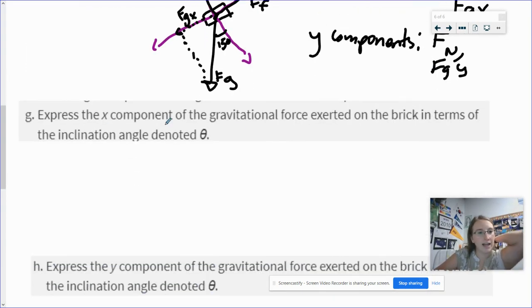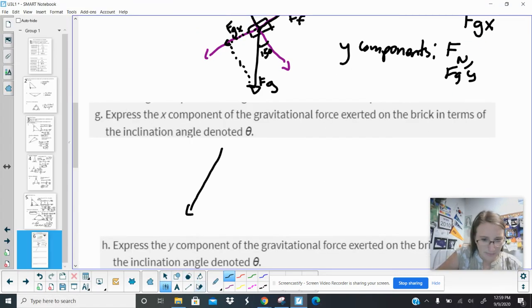So let's go ahead and look at the x component for gravity. Now, we have to be very careful here, guys, how you draw this. Here is gravity. I'm going to try to keep it consistent.